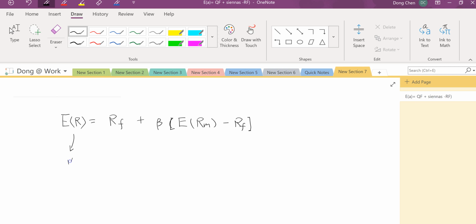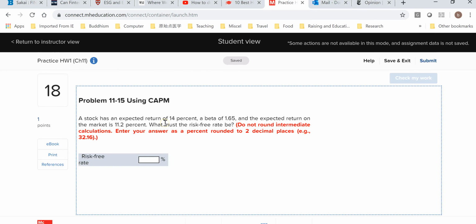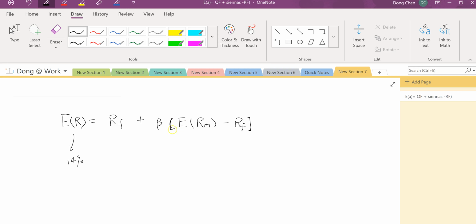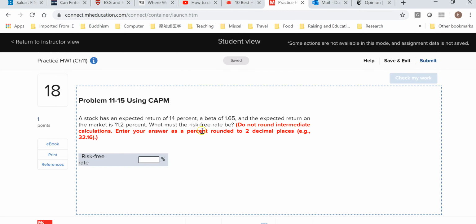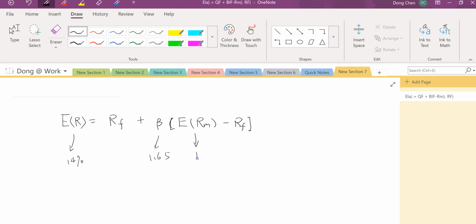And then we are told the expected return of the security is 14%, the beta is also given as 1.65, and the expected return on the market is also provided, 11.2%. So you can see this equation only has one unknown, which is RF.